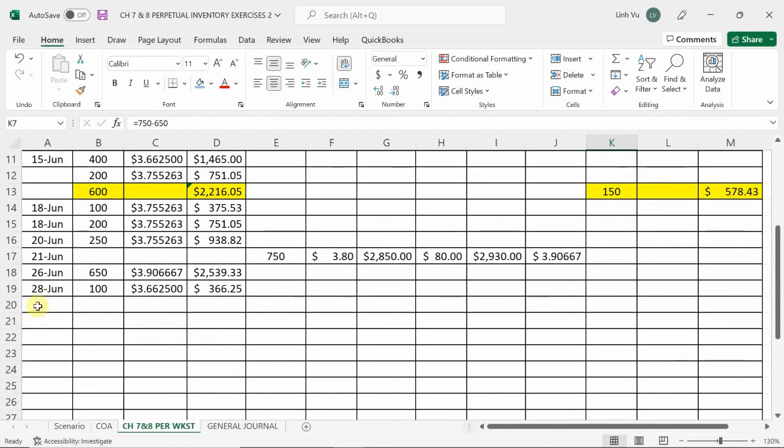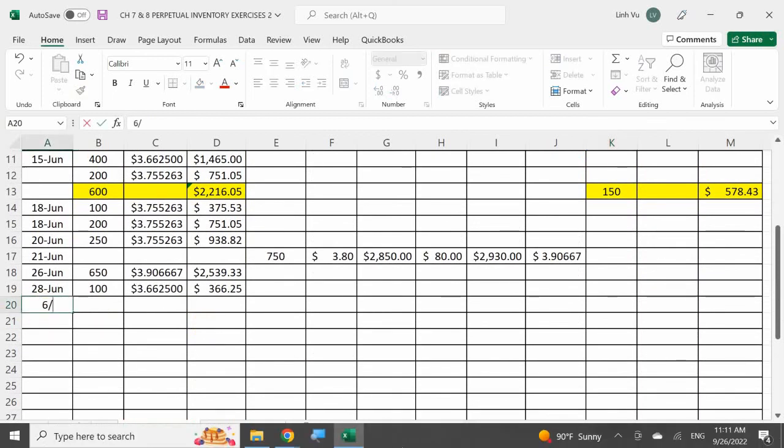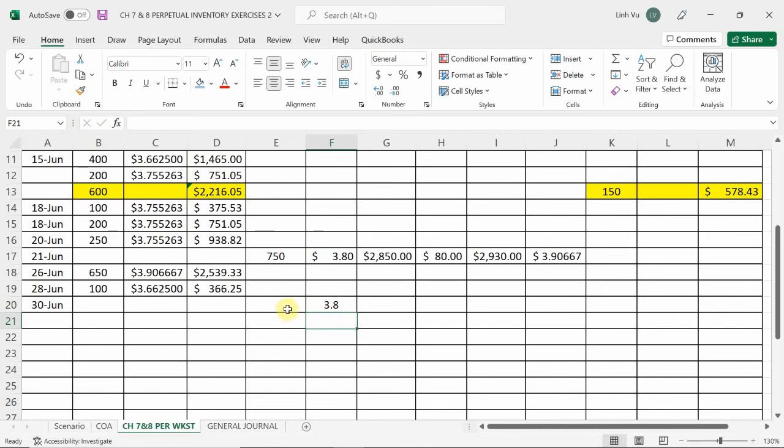I'm going to be discounting my items that were $3.80, right? And because the discount has no effect on quantity, okay?